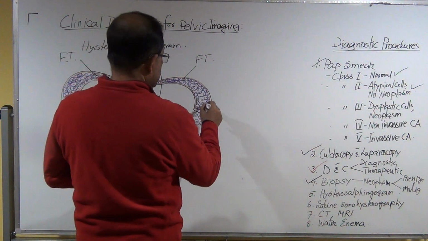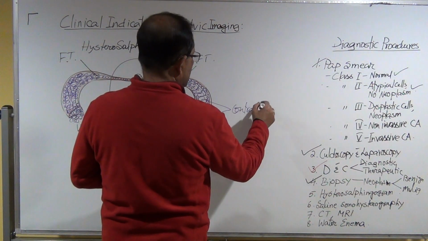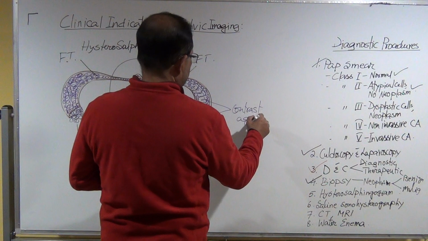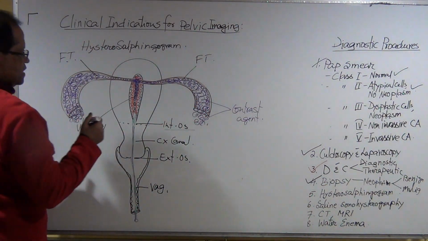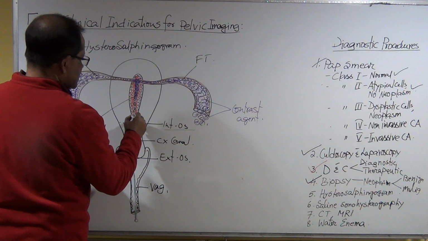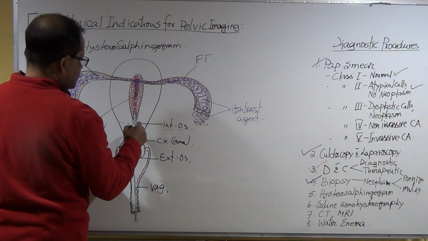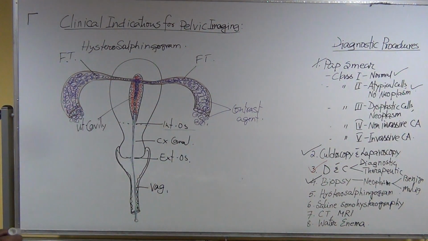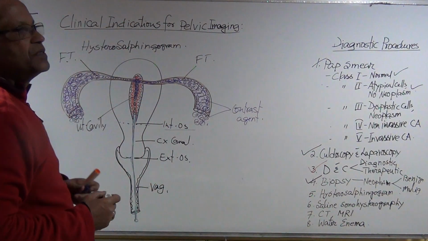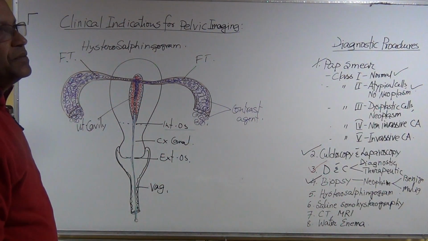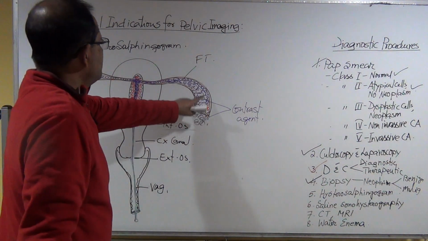Okay, so this is the contrast agent. It is a non-harmful contrast agent, and it is injected through the tube. Then you take the picture, you take the X-ray, and you see the outline of the dye.